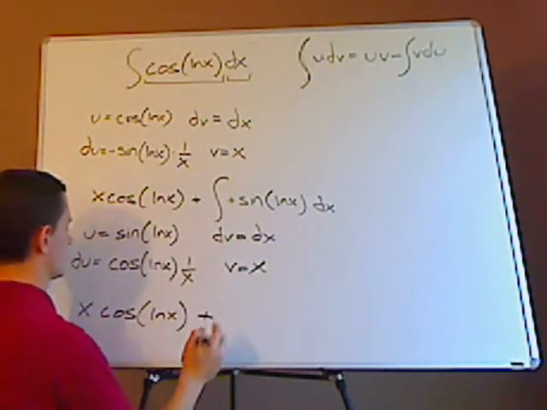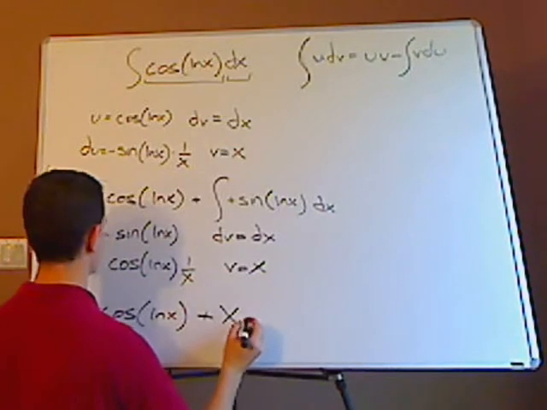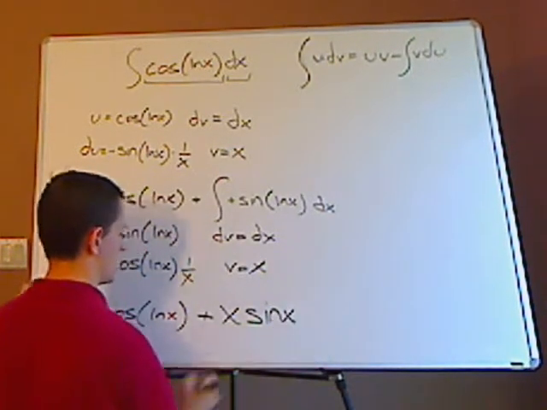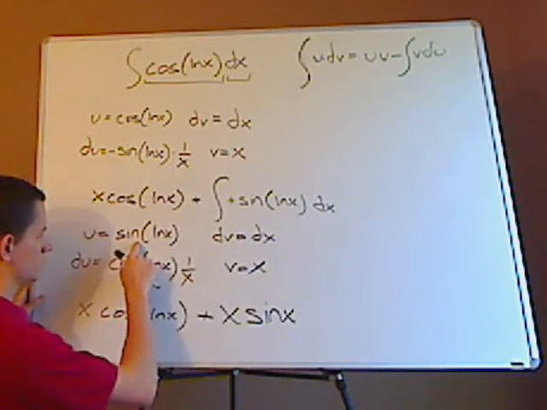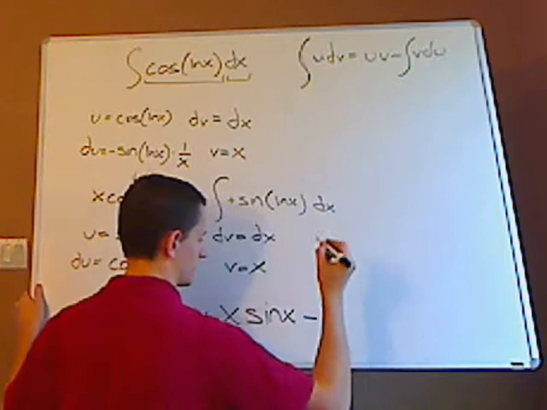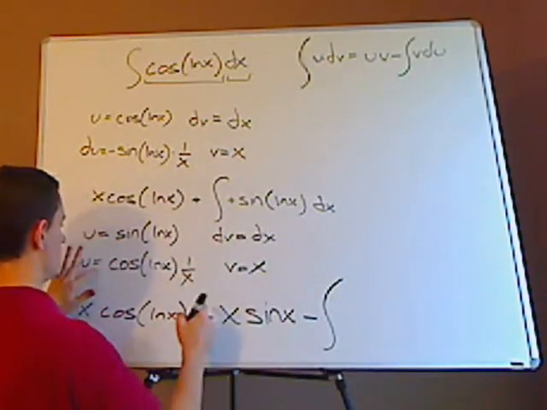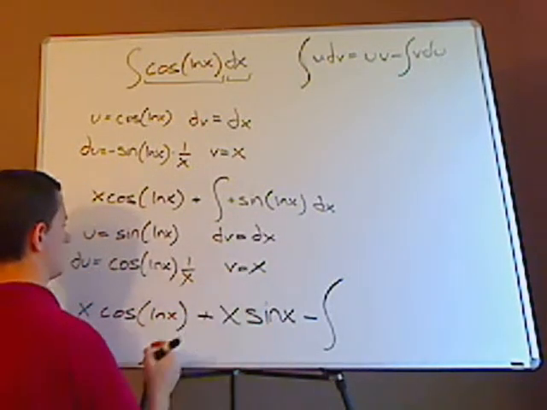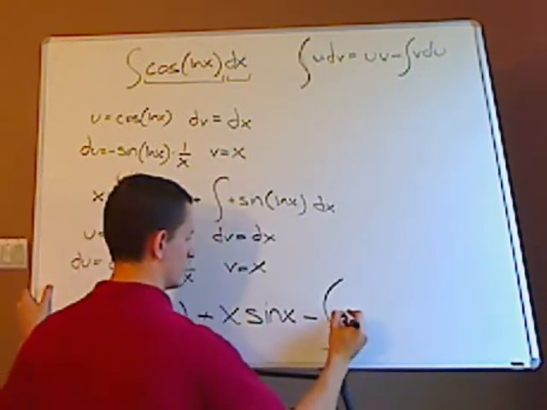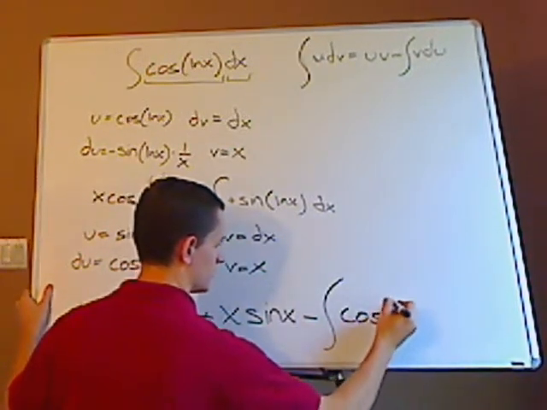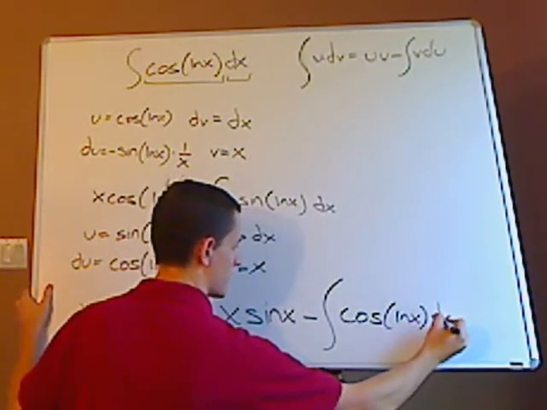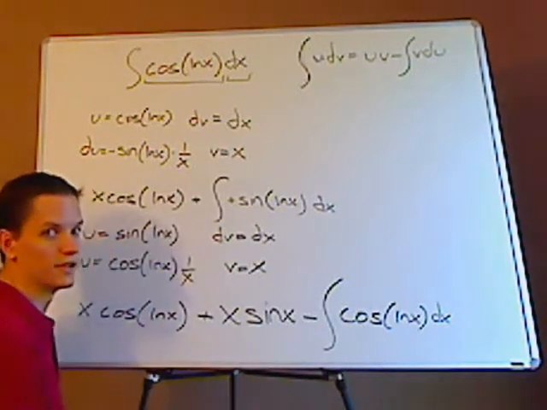So then you have x sine ln x, minus this times this, which gives you the integral of cosine natural log x dx.